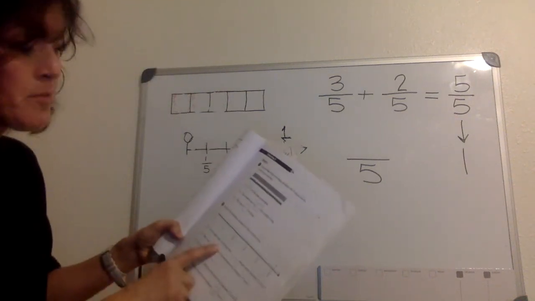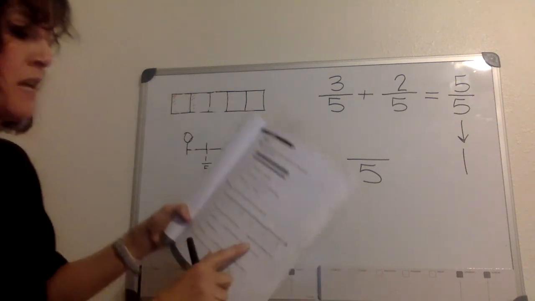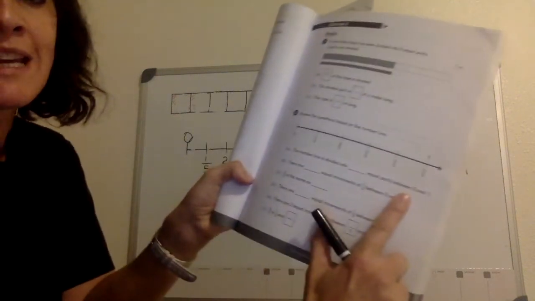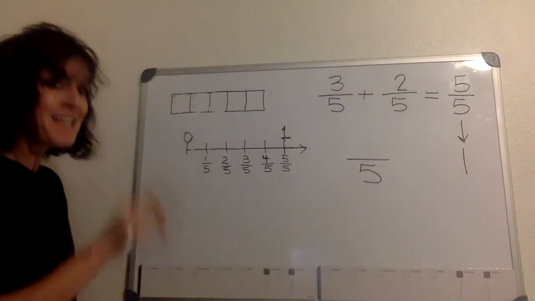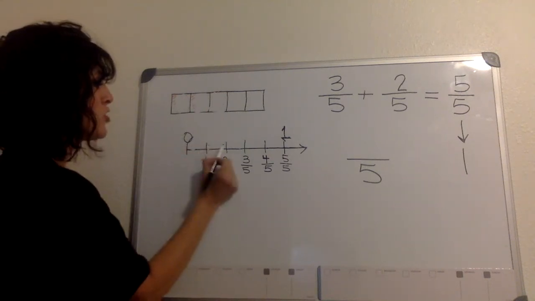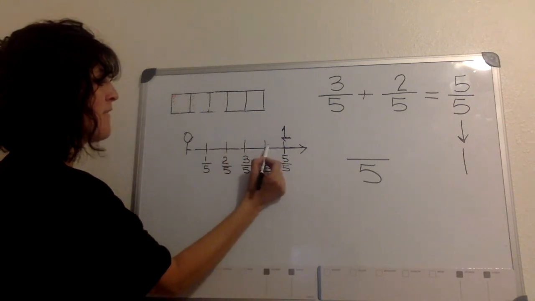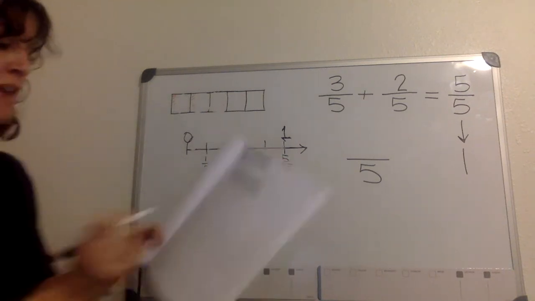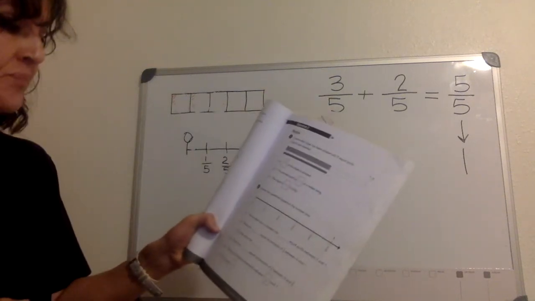It says the number line is divided into blank equal parts between 0 and 1. Let's count them again just to make sure. Here's 1 part. Here's 2 parts. Here's 3 parts, 4 parts, 5 parts. 5 equal parts. The 5 will go on my line in A.